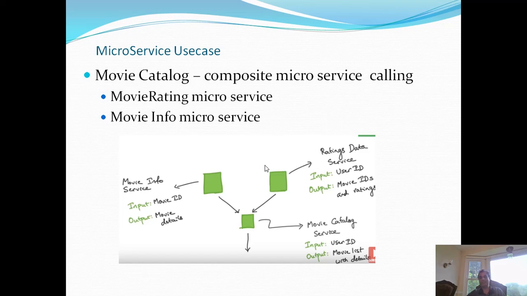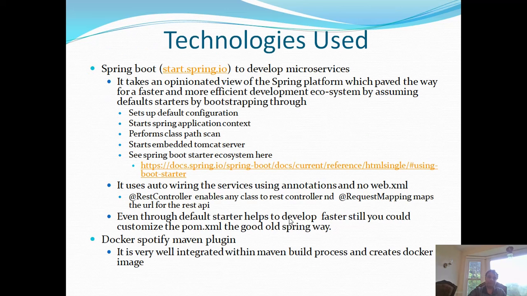Now, based on the need, you could scale the individual services to cater to the catalog, and there could be other services which could be consuming the movie info and rating as well, so that way your composite services are going to be more business-like, composing the functional microservices.